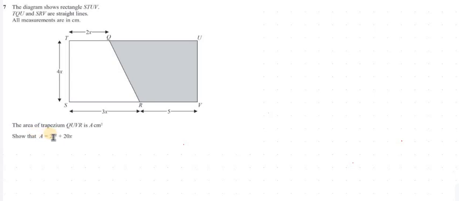Show that A is equal to 2x squared plus 20x. Okay, so that's just finding the area of the trapezium QURV in terms of x. So this is all about area of a trapezium, and also a bit of algebra as well.